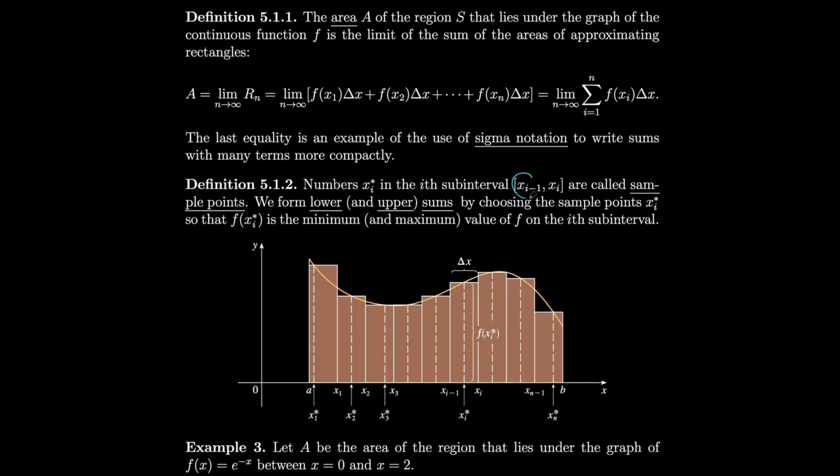We could have chosen on the left side, in which case this would have been x0, which is a if we're starting at a. And then this would be x1, all the way up to xn minus 1. But it depends on what you choose. In this case, the xn is actually b, the last point in the interval, because we're going on the right.